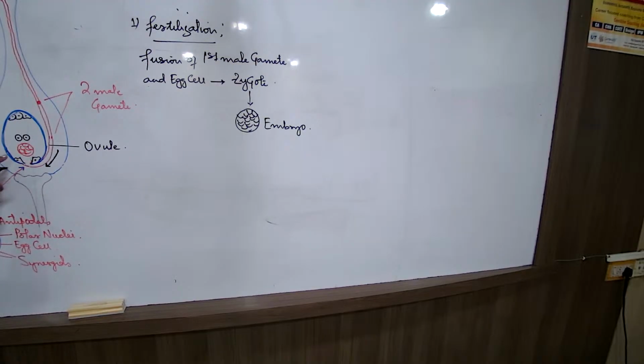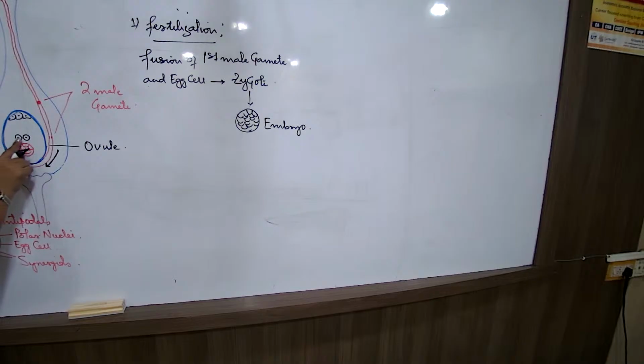But this embryo needs nourishment for repeated cell division. What are these two female gametes known as? Synergids. So it will obtain nourishment from the synergids and become bigger and bigger.